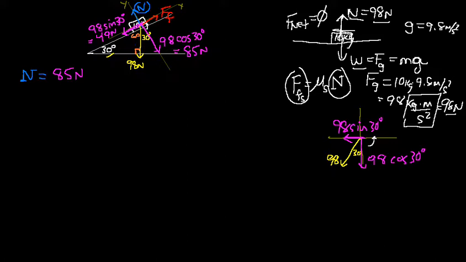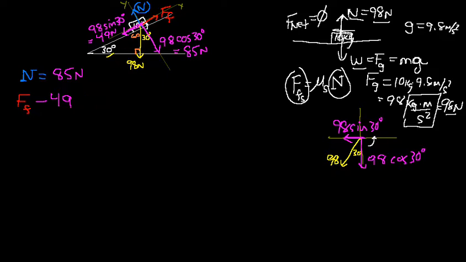What about these two here? Well, we have force of friction going upward. So this force of friction is up. Down, we have this pink minus 49 newtons.